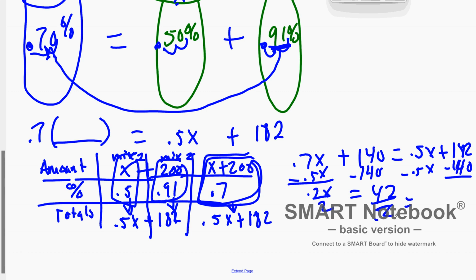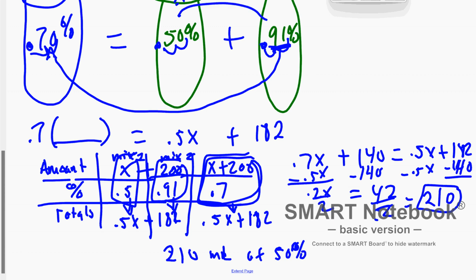I can just move the decimal over there, and 420 divided by 2, 4 divided by 2 is 2, 2 divided by 2 is 1, so 210. So I should get 210 as a mixture amount. So I should have 210 milliliters of 50%. That's what I need to add to dilute that 91 down to 70 to get my isopropanol alcohol at the correct percent of 70%.